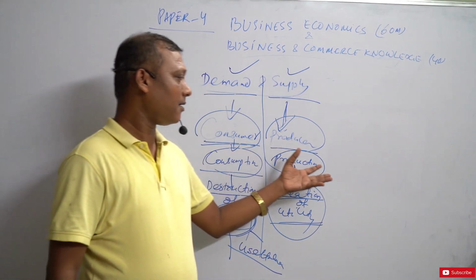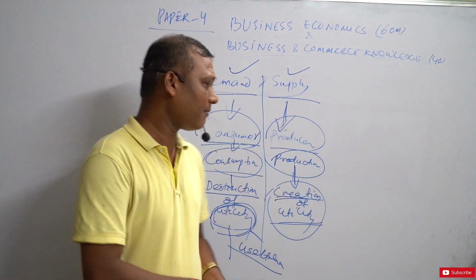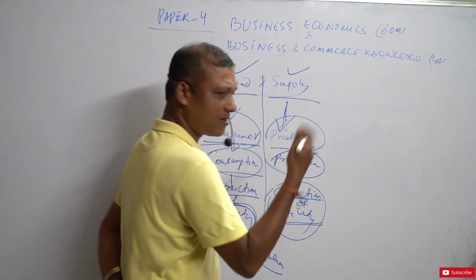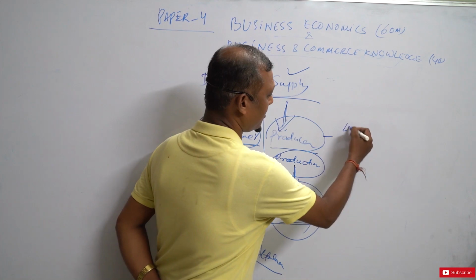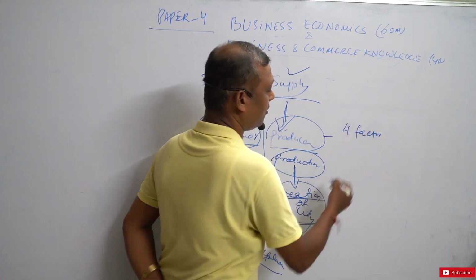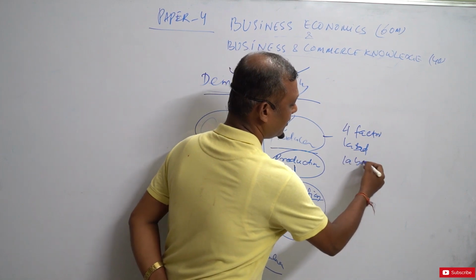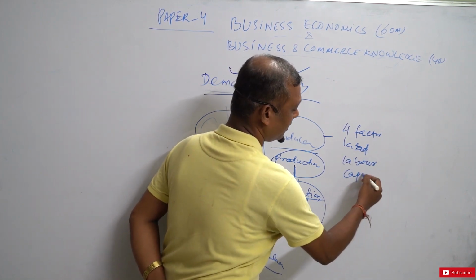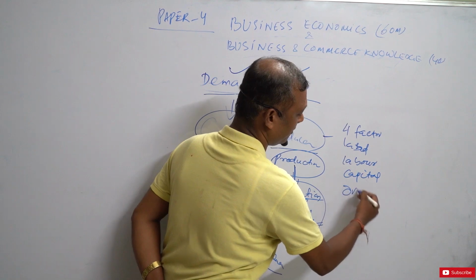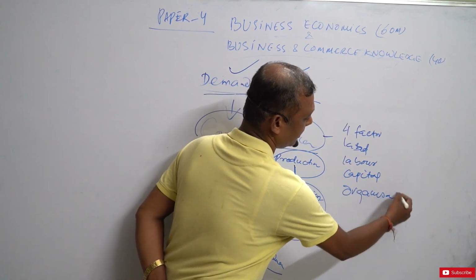We know that there are basically four factors of production. One will be your land, one will be your labor, one will be your capital, one will be your organization.